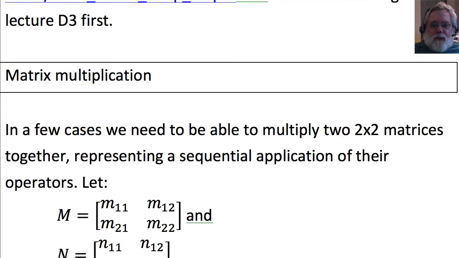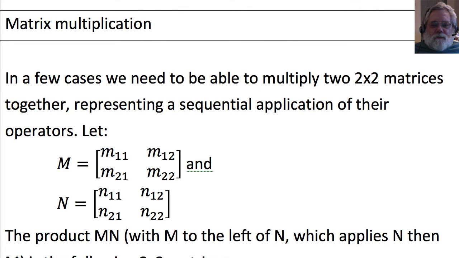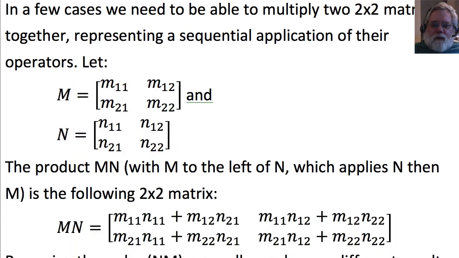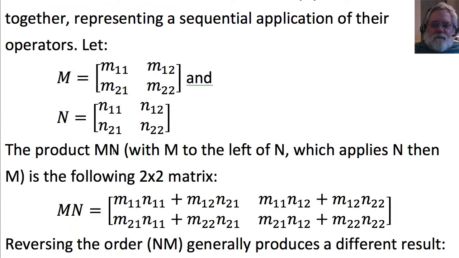Now, matrix multiplication. We do need to know how to multiply two 2x2 matrices together for a couple cases. Multiplying them together represents a sequential application of their operators. So let's take matrix M and matrix N, the product M to the left of N, which applies matrix N to some vector to its right, and then matrix M onto that.